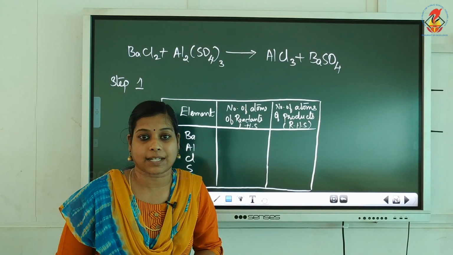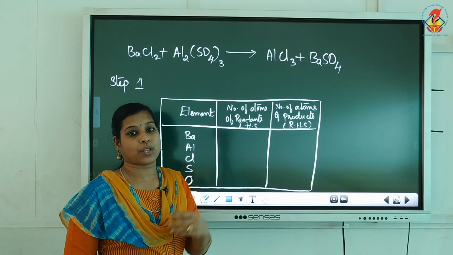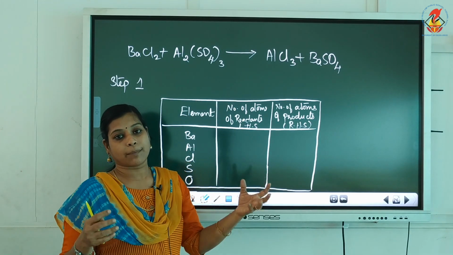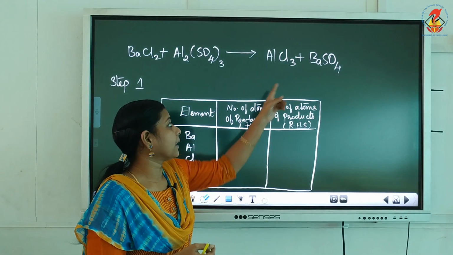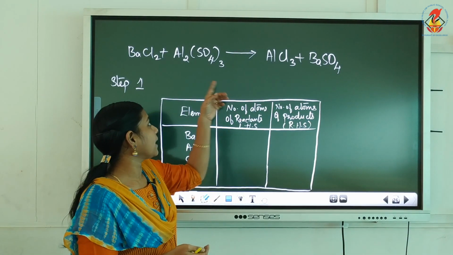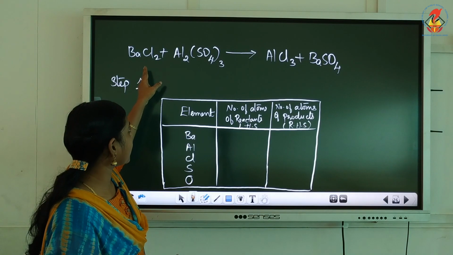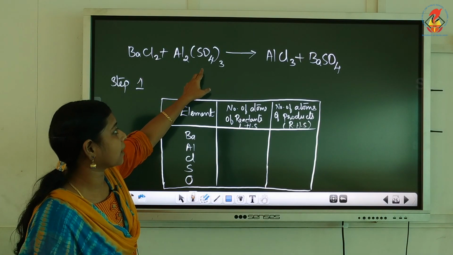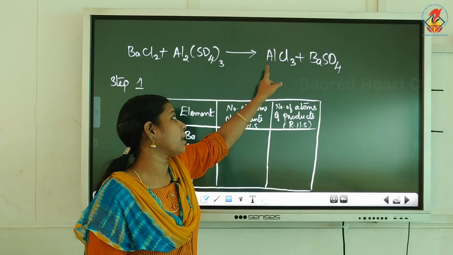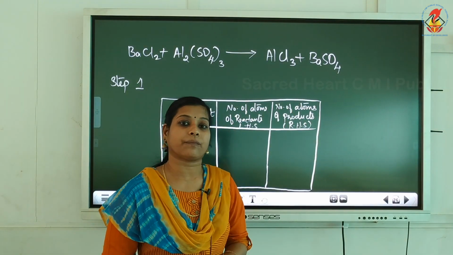Last year we studied that both are clear solutions, and a precipitate is produced when they are mixed. That precipitate is barium sulfate. When barium chloride solution and aluminum sulfate solution are mixed together, the products formed will be aluminum chloride and barium sulfate.